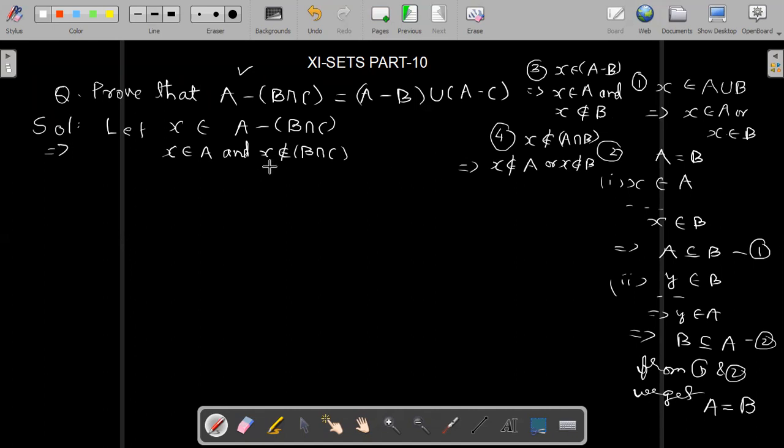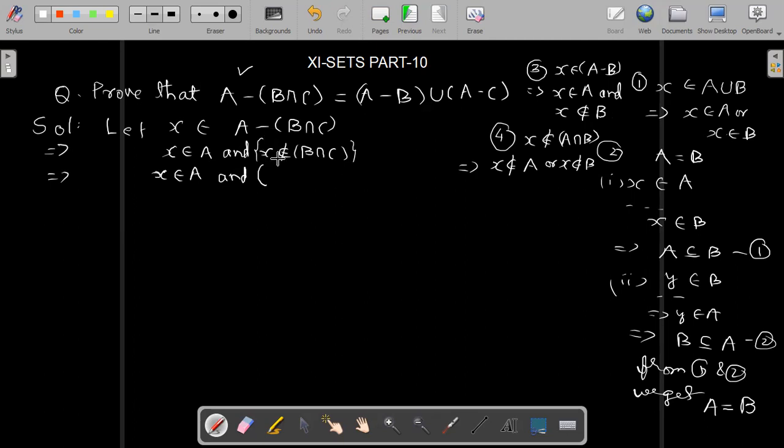Similarly here, this again will be split according to the definition. So we can write here X belongs to A, and this should be written inside the bracket.